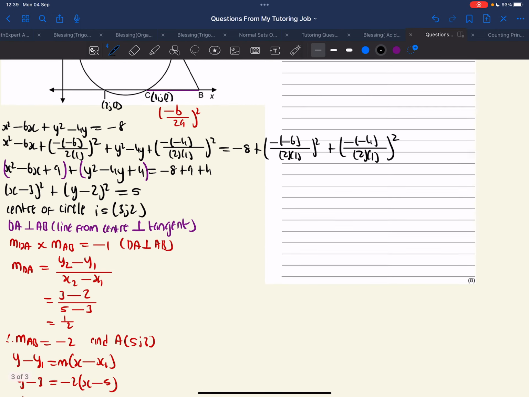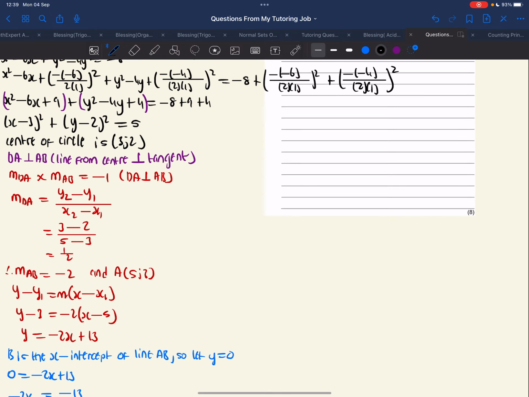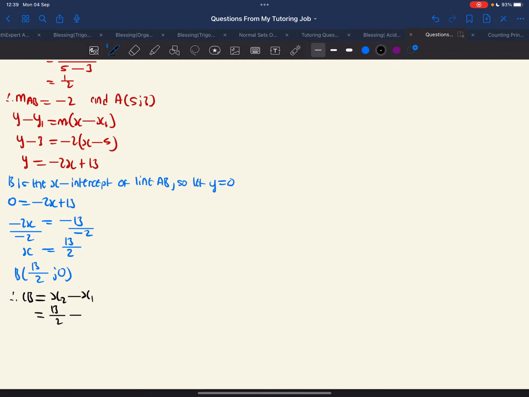Now remember, the x coordinate of B is 13 over 2 minus the one of C, which we found in the previous question to be 4. So the answer is going to be 13 over 2 minus 4, which is 5 over 2 units.